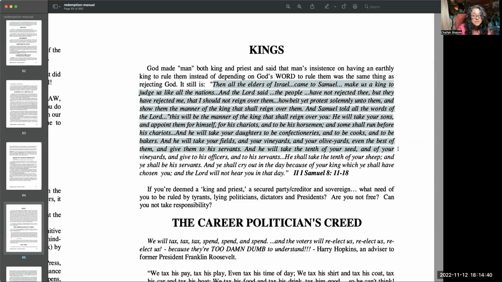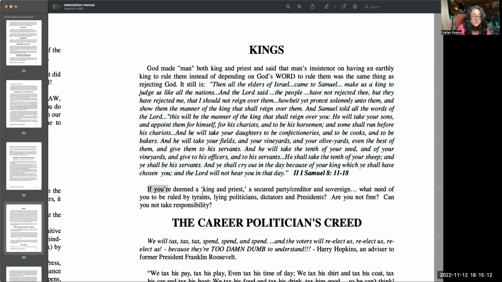And he will take the tenth of your seed, and your vineyards, and give it to his officers, and to his servants. He shall take the tenth of your sheep, and you shall be his servants. And you shall cry out in that day because of your king, which you shall have chosen, and the Lord will not hear you in that day." 1 Samuel 8:11-18.